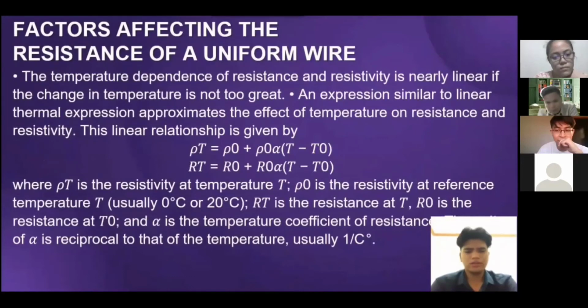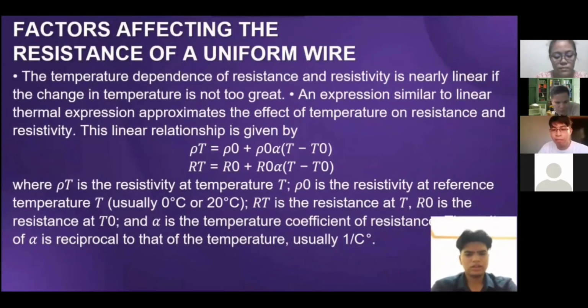The temperature dependence of resistance and resistivity is nearly linear if the change in temperature is not too great. An expression similar to linear thermal expansion approximates the effect of temperature on resistance and resistivity.